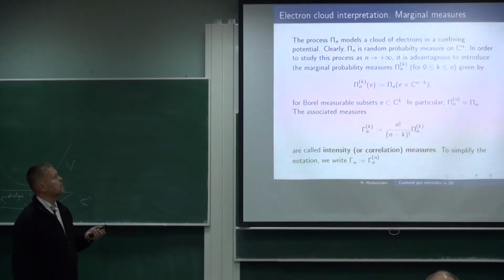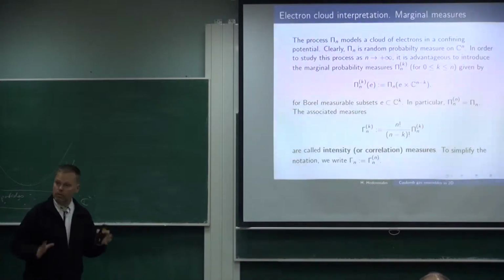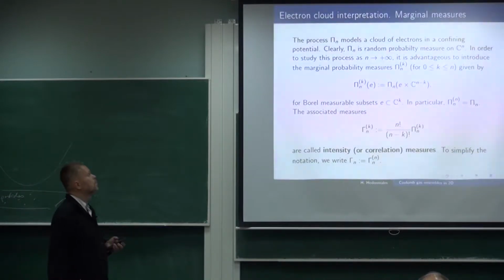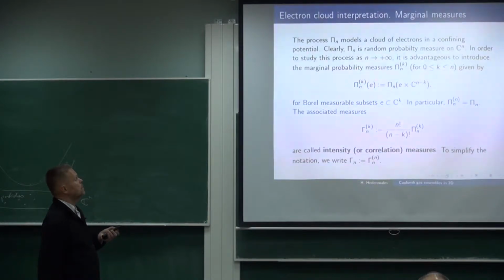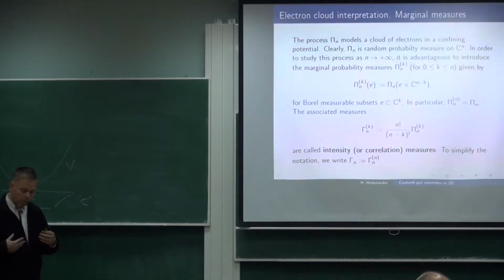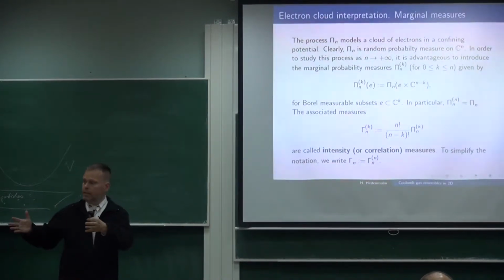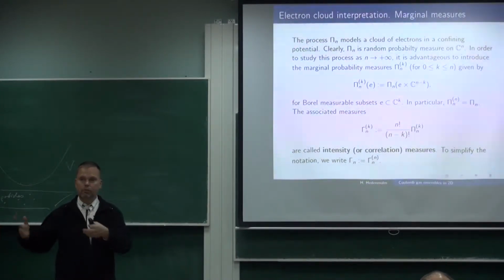The probability for that restriction is: you take that set, multiply by Cartesian product, saying that all the other particles may be where they want to be. You take the total probability of wherever they are, you don't care about them, and then you get a probability measure associated with the first k positions. Now it may sound strange to be interested in the first k. What about some other k particles which were not the first ones?